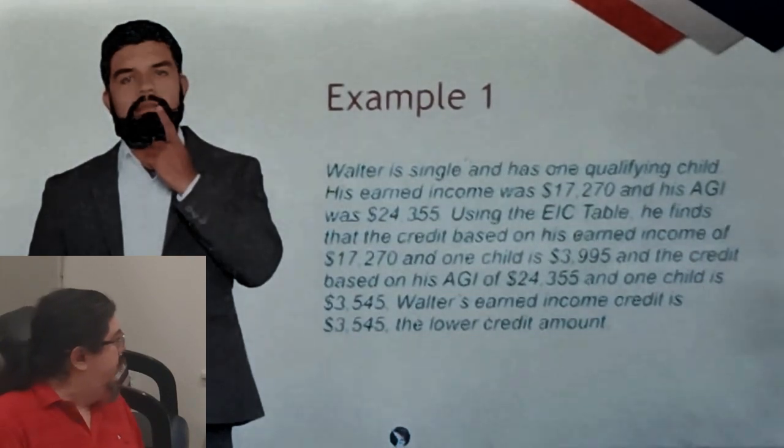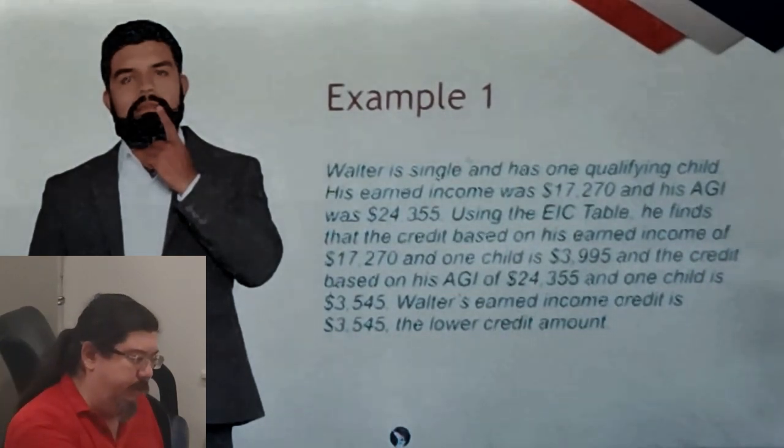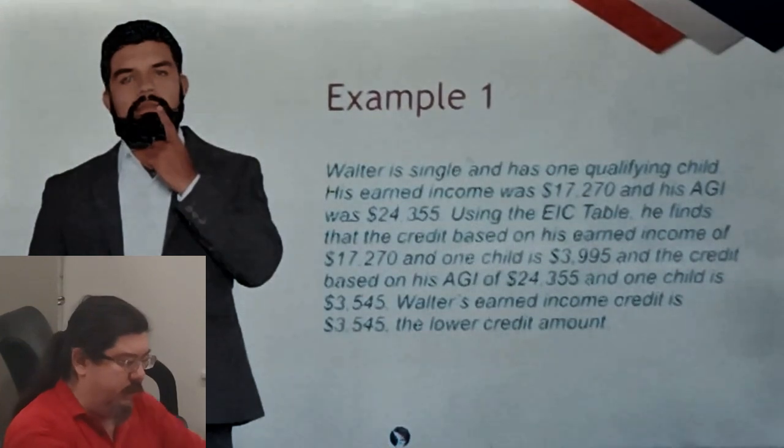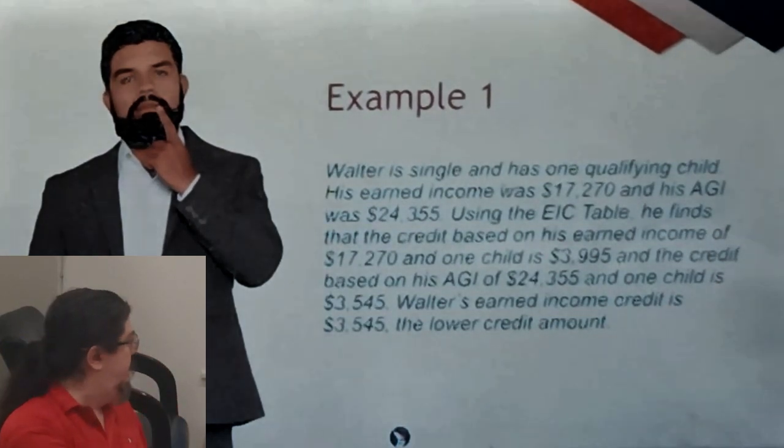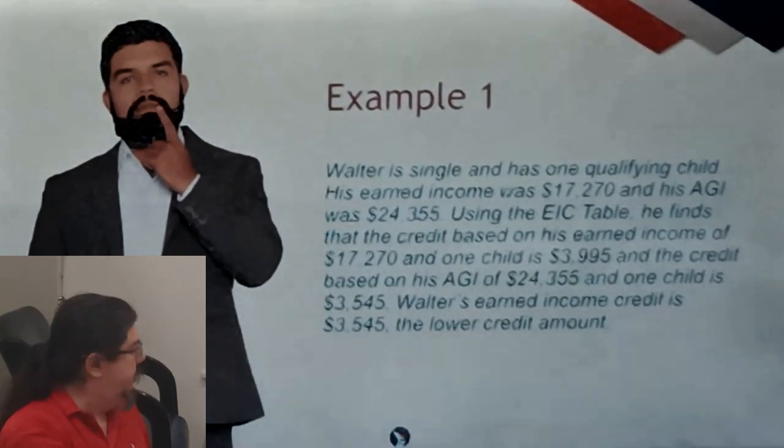Okay, so here's Walter. He's single. He has one qualifying child. His earned income is $17,270, and his adjusted gross income is $24,355. So we have to look up both of those numbers.